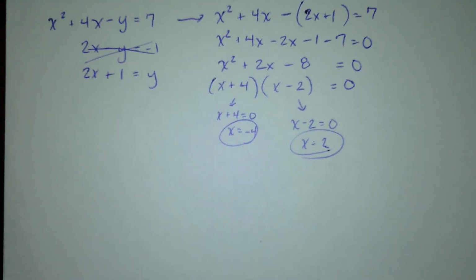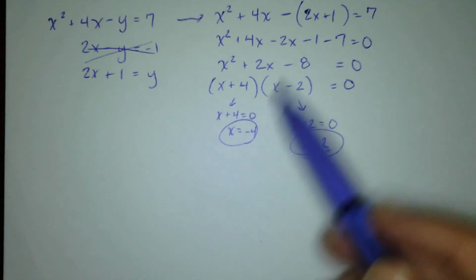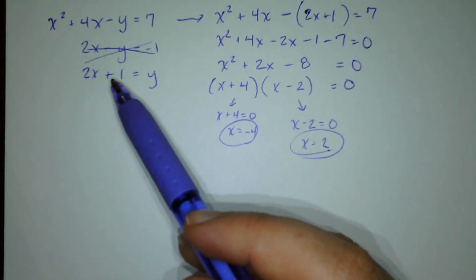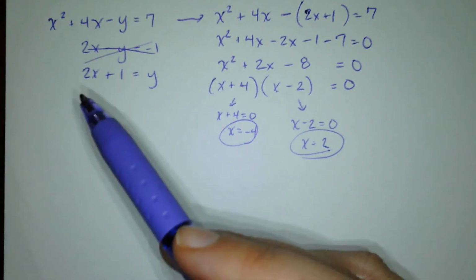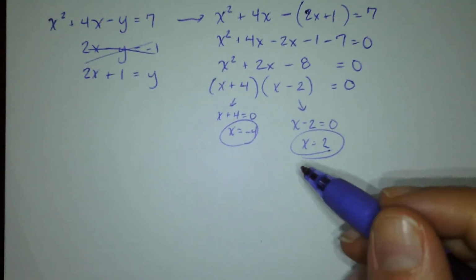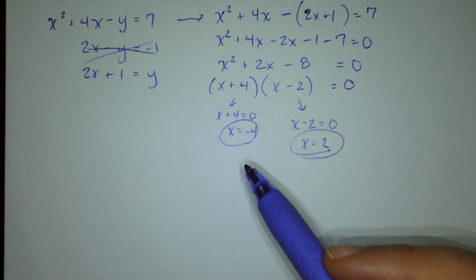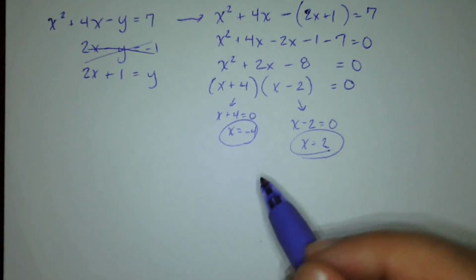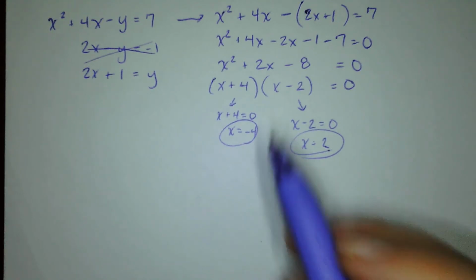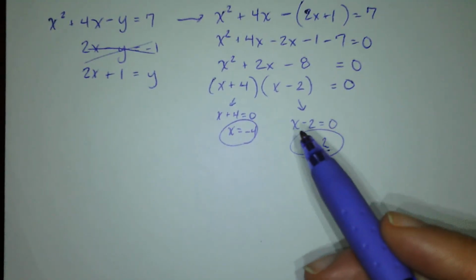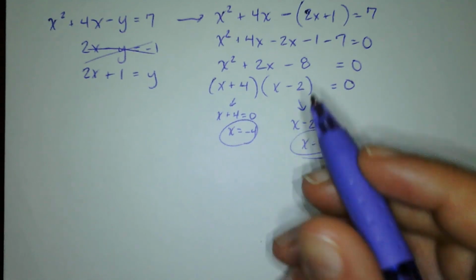And we have two values for x, which means if there's two different x's, guess what? We're going to be able to plug them in and get two different y's, which means that this parabola and this straight line are intersecting twice. And we're going to have two solutions. In fact, we could sketch it. Actually, I'll leave that to you. If you have a graphing calculator or Desmos, type them in and see where they cross. It's very easy to do.